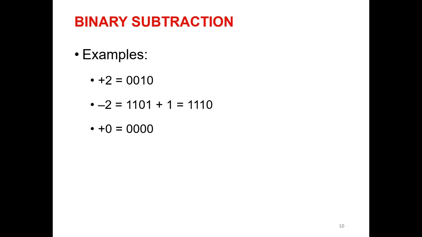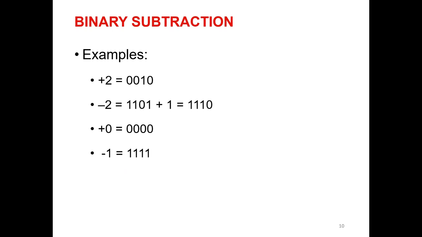For instance, some useful values. The value of 0 is represented just with zeros. In this case, notice that we are using only 4 bits. Then if we want to represent the value minus 1, it will be all ones.